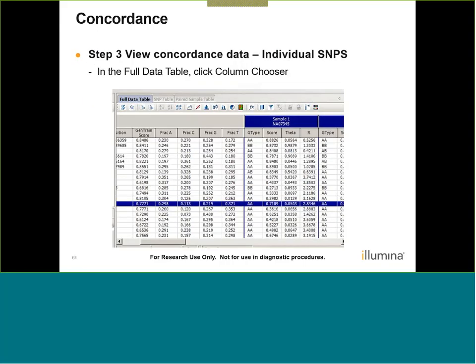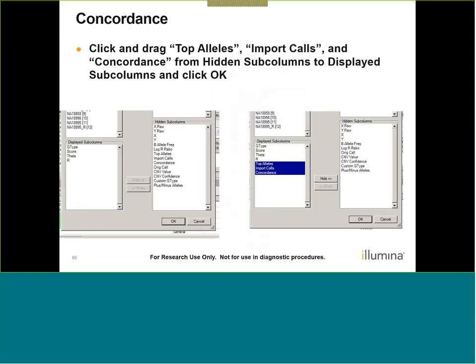Now, in order to view the actual concordance data for each individual SNP, you'll need again to go to the column chooser in the full data table. Now in the full data table, you will need to add 3 subcolumns: the top alleles, the import calls, and the concordance. So you'll need to select those and drag them over to the displayed columns.